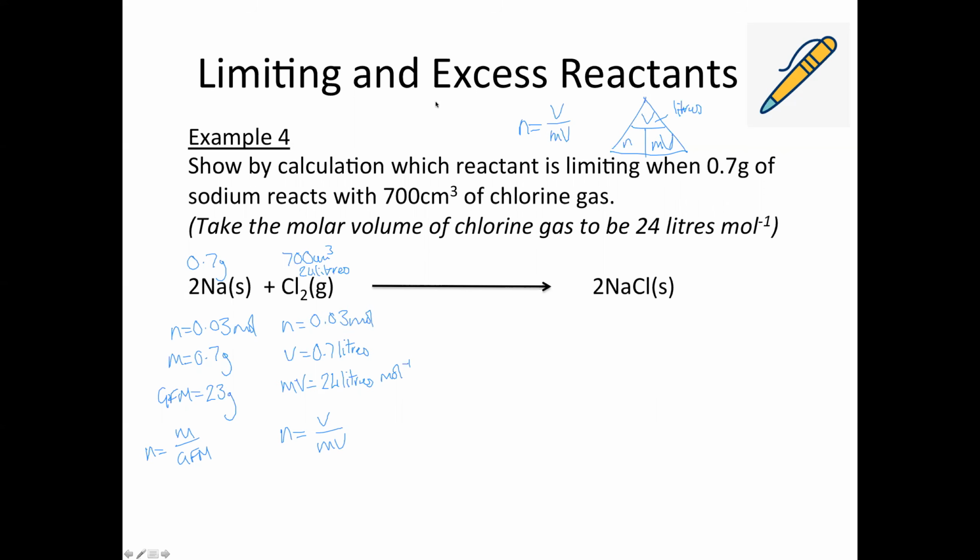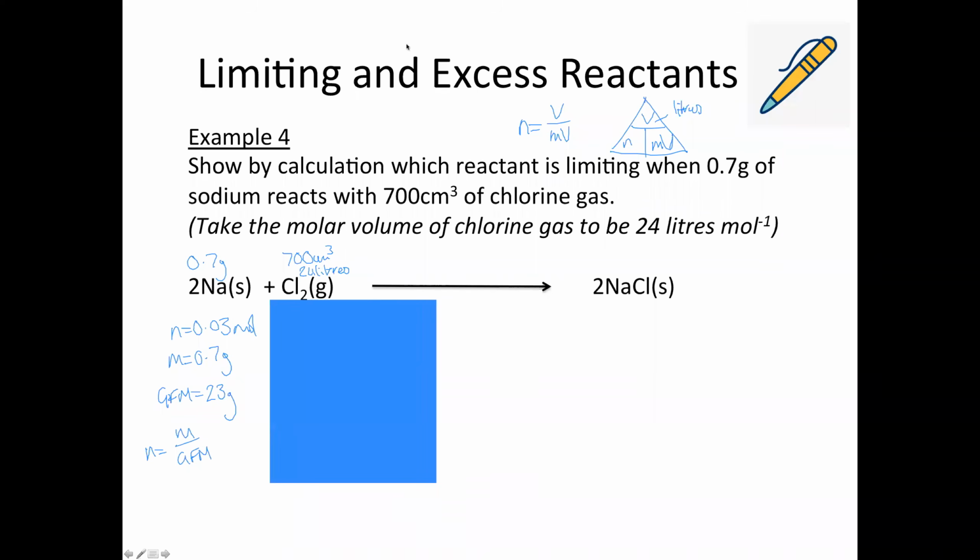So if we cover up the second one, take our mole ratio, so our sodium, our chlorine, it's a 2:1 ratio this time. So if we want to react all of our 0.03 moles of sodium, we only need half the amount of chlorine, so that would be 0.015.